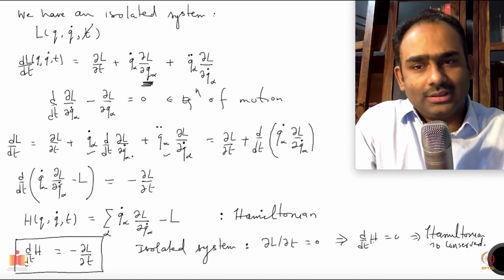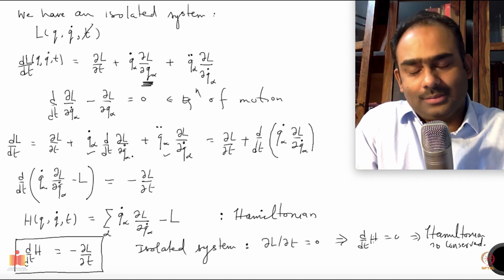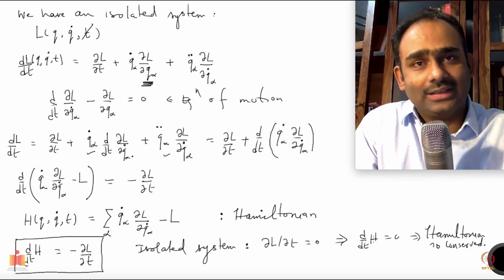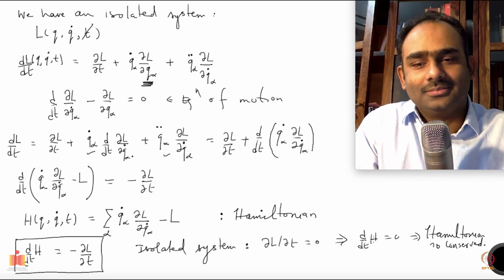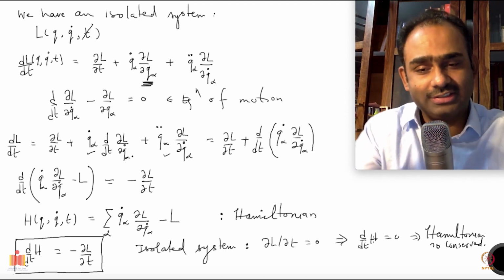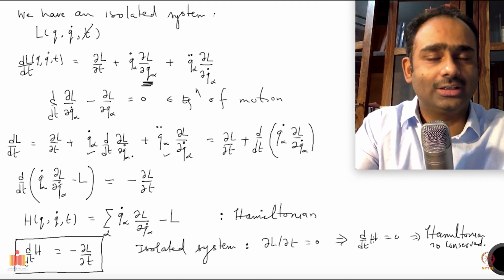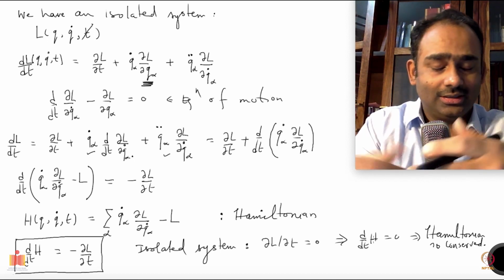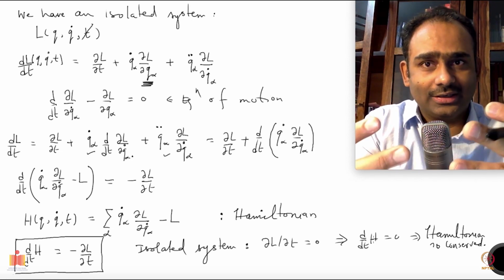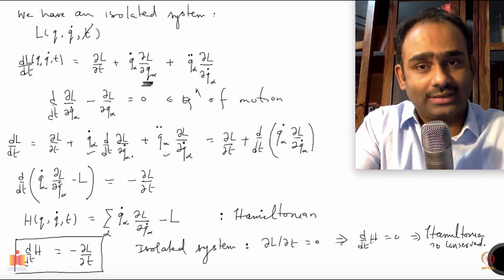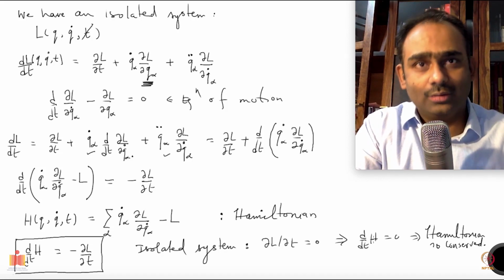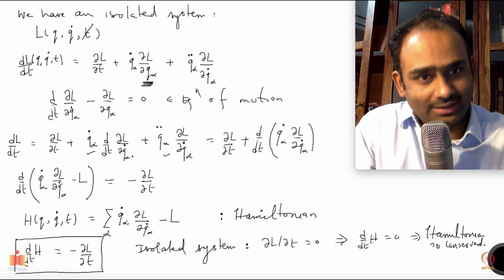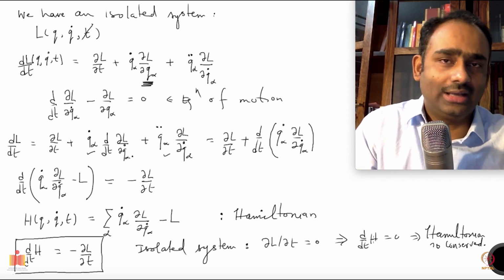Not only that, even if your system was not isolated, even if it was interacting with another system, or let's say your system was put in an external field which does not depend on time, or correspondingly its potential does not depend on time, then the Lagrangian will not depend explicitly on time, and the partial derivative of L with respect to time will still be 0, and again you will have the Hamiltonian as a conserved quantity.